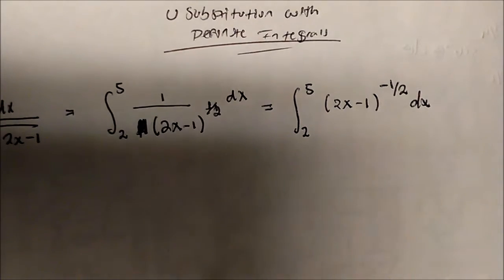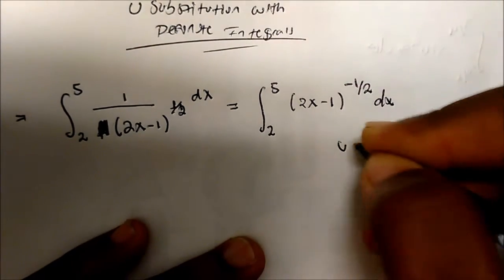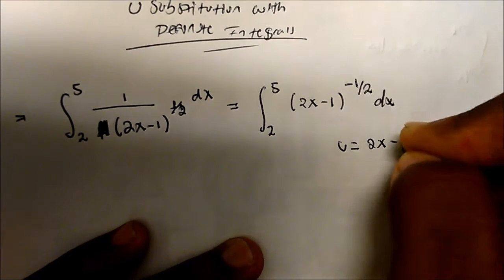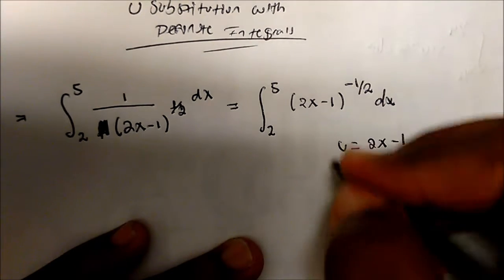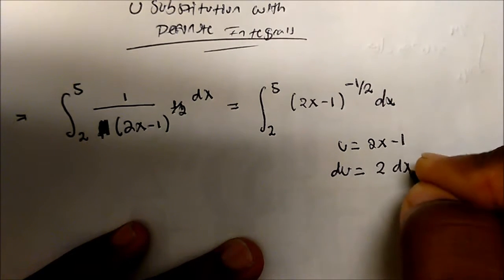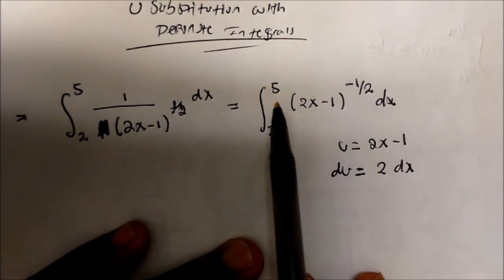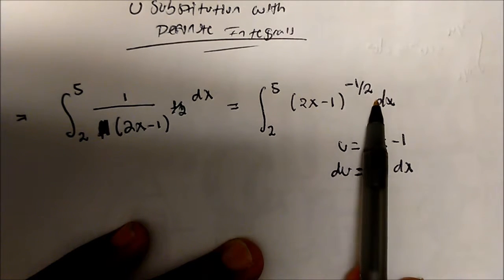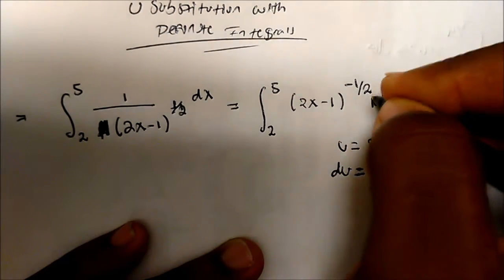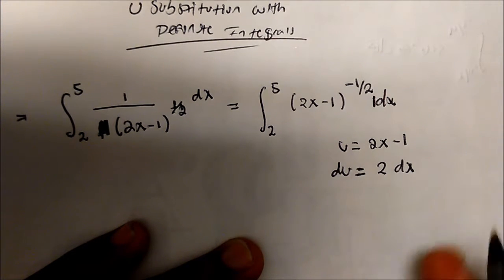So what will your u be? Well, you only have one option. In this case, my u is going to equal 2x minus 1. Taking a derivative of this, du will just be 2 dx. Well, look what happens. I have 1 dx. I do not have 2, but that's okay, we could fix that.